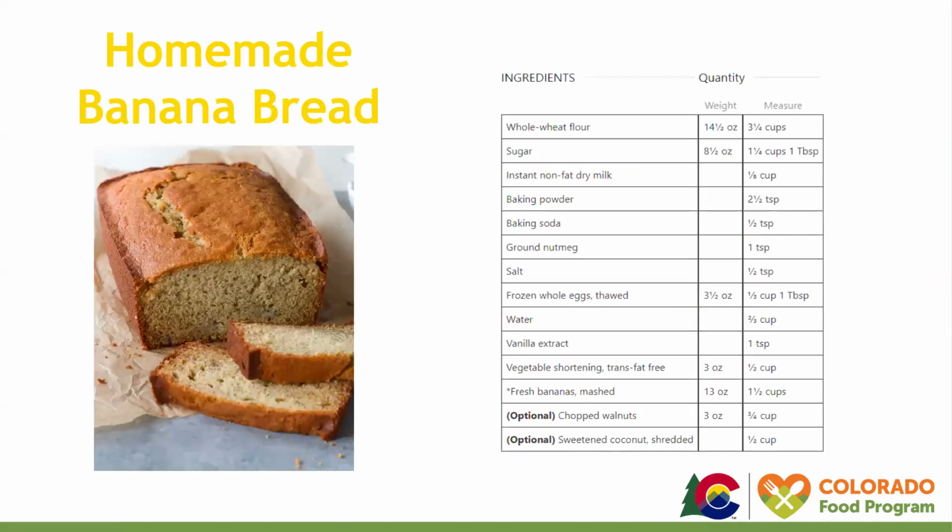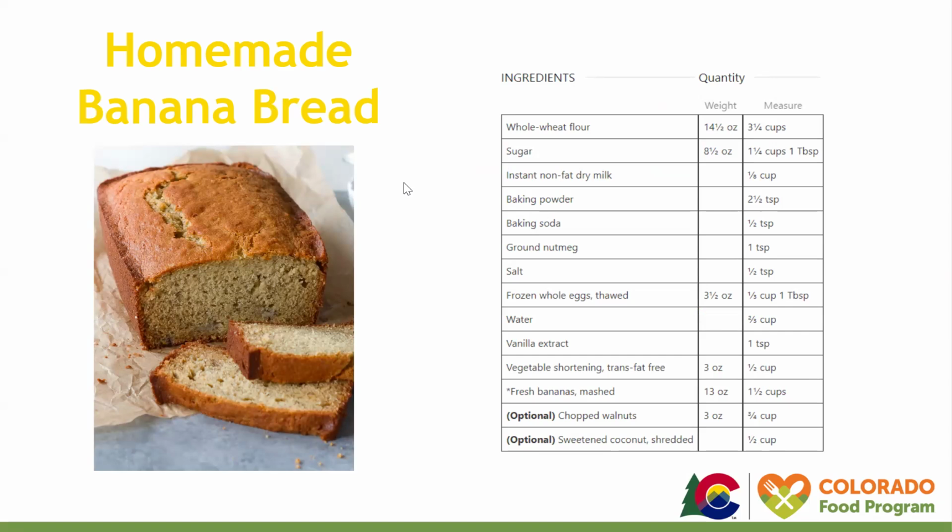Okay. So we've just a couple left here. Oops. I keep forgetting to close a poll before I try to open the next one. Alrighty, so we have this homemade banana bread. This is our recipe on the slide here. So if we look at the ingredients, you would look at this just like you would look at another ingredient list. It says whole wheat flour, 3¼ cups.